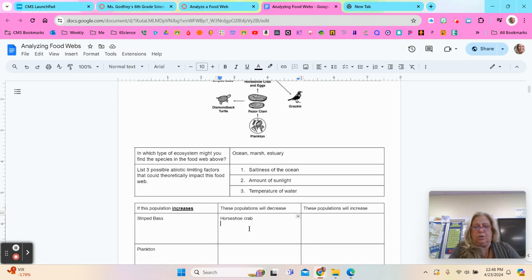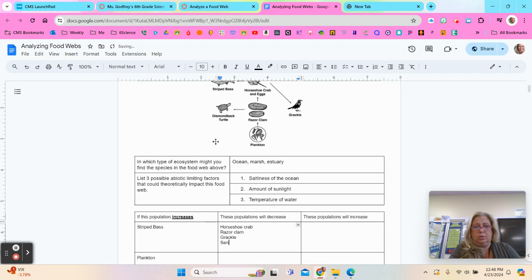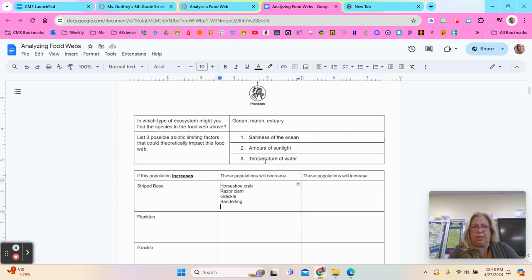The razor clam, the grackle, and what else? The sanderling and the loggerhead turtle. So it looks like a lot of creatures depend on those horseshoe crabs. So a lot of things would be impacted by a huge increase in your striped bass population.